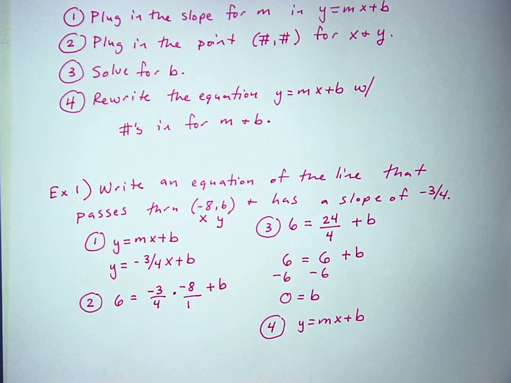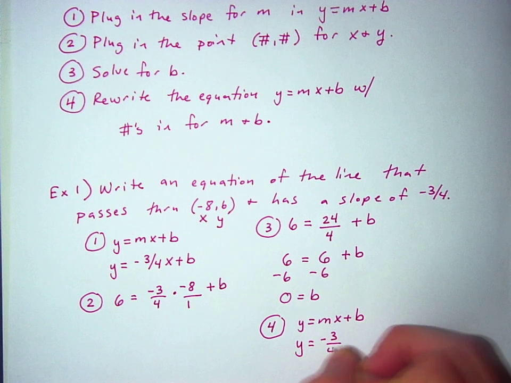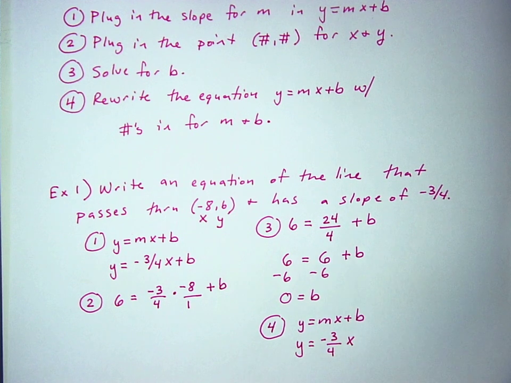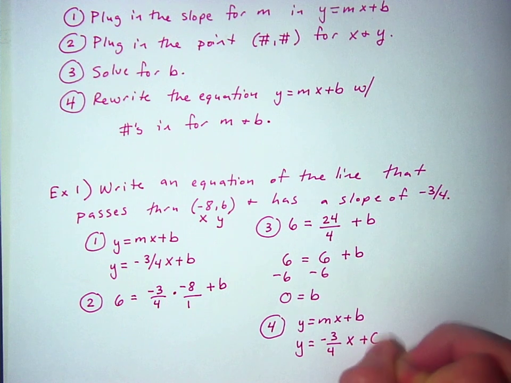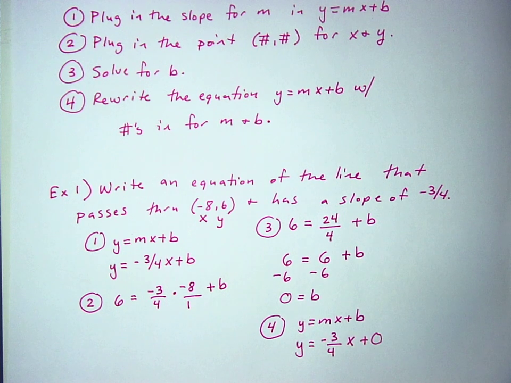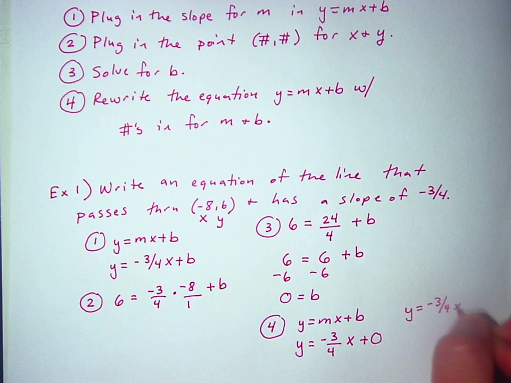Now I already know that the slope is -3/4. We knew that from the beginning, so I'm going to write -3/4 x here. And then b is 0. So that's plus 0. And since I really don't have to have an equation that just says plus 0 on it, I can really write my final answer as just y = -3/4 x.